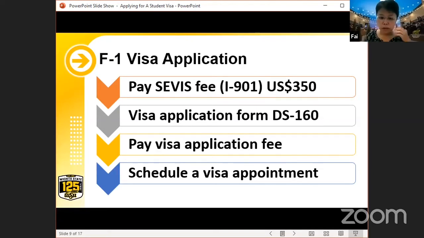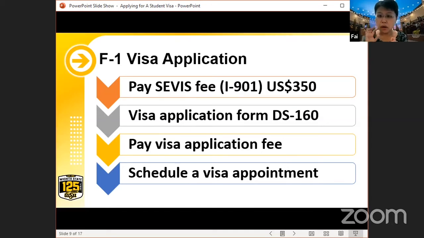But if not, I'll show you in the last slide the links to go. You pay your CVIS fee, that is the first thing. And then you complete your visa application form. The visa application form is really long. It has a lot of questions. If you don't know the answer, you can always contact the school that issued the I-20 to you, and they can tell you the answer.